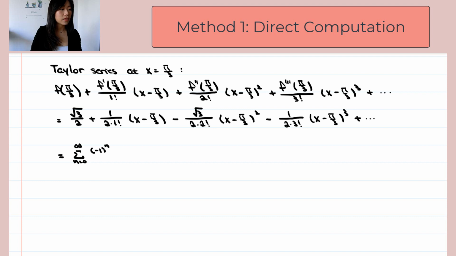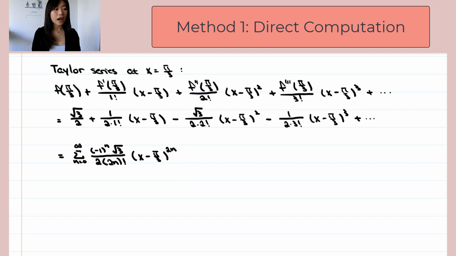Then we have the constant, square root of 3 divided by 2. Then we have the factorial of the even numbers, so 2n. Then times x minus a, which is pi over 3, then to the power of even numbers, so 2n.